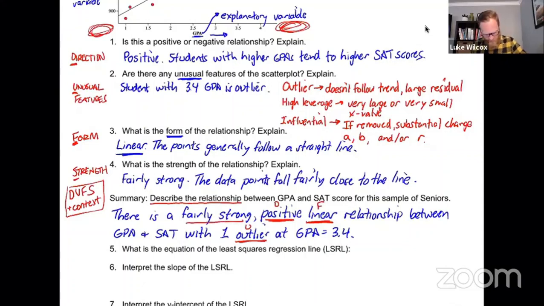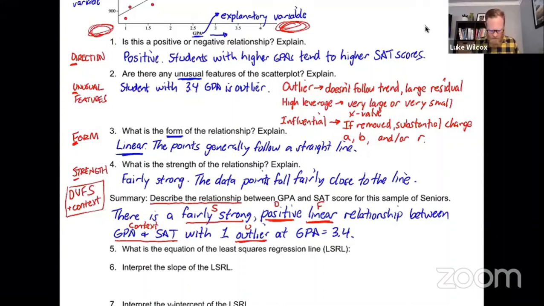We've used the words fairly strong to indicate our strength. And then context, well, that's actually right here, GPA and SAT. I've clearly indicated the 2 quantitative variables that we're describing the relationship between. So what I like about this sentence is it takes care of all 4 of those things in one nice, neat sentence. Describe the relationship.